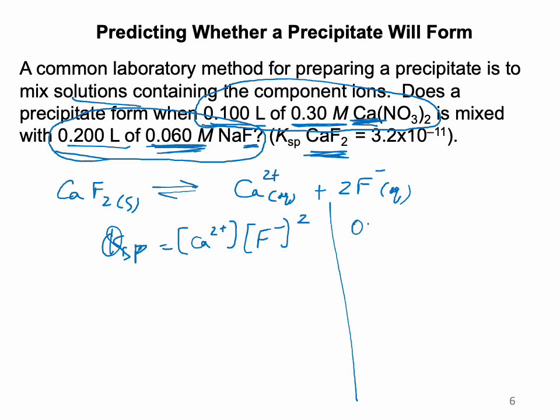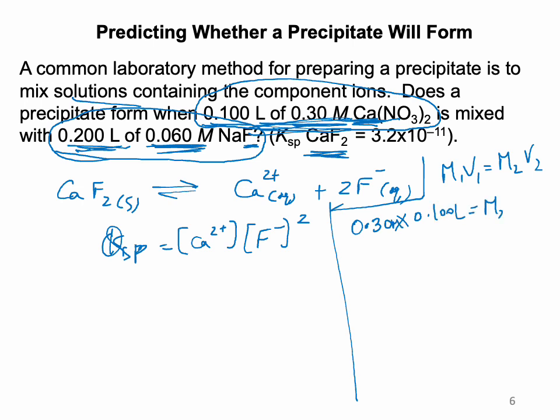So the initial concentration, which this is dilution because we started with 0.1 liter of 0.3 molar calcium nitrate, but then we added 0.2 liters of sodium fluoride into it. So I changed the volume of my solution, which means M1V1 equals M2V2. So initial concentration is 0.30, initial volume is 0.100 liters.